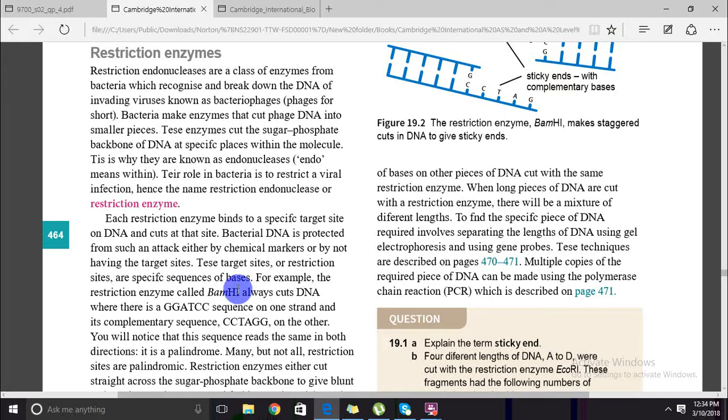And then you can make multiple copies of the required piece of DNA by PCR. So you have the DNA fragment that you want, and you might have like 25 copies of it, but you want say 100. You can use PCR to make identical copies of it.